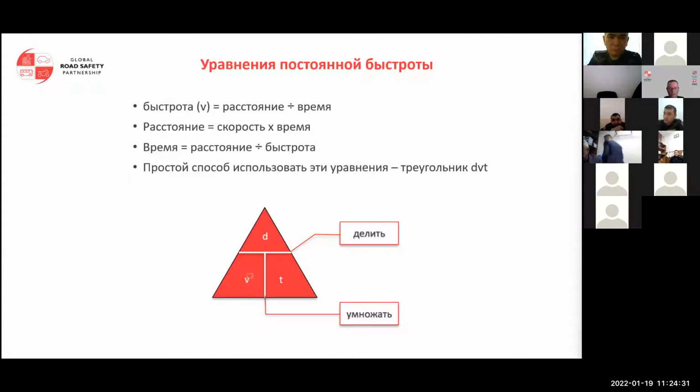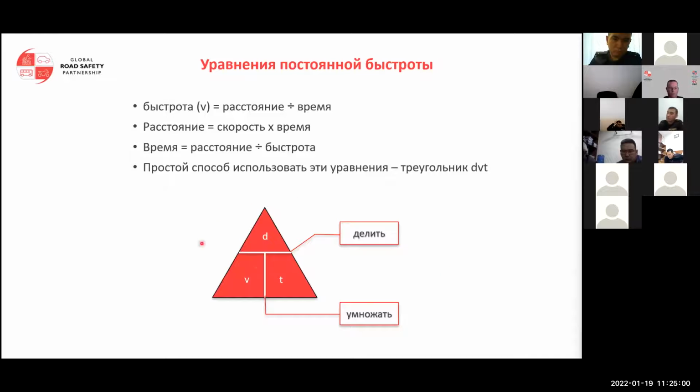And the last one, if I want to calculate the time, I need to know distance divided by velocity will give me time. So those three equations are all in that triangle. You just remember, if they're side by side, it's multiply. If there's one above the other, it's divide.